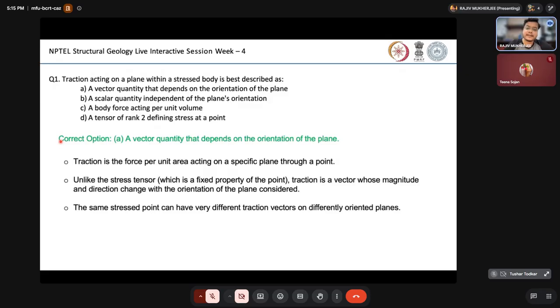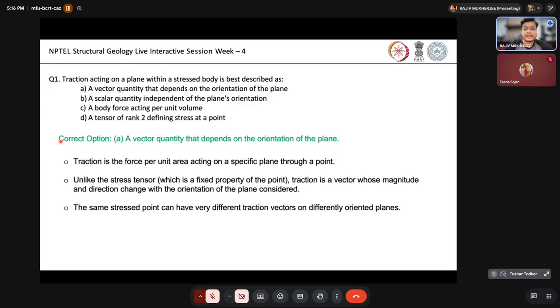Sigma xx is one stress, one traction component, but then there are other components, that is tau xy, tau xz and tau zx, these kinds of components. So there are two perpendicular orientations based on which we can calculate the components of direction for that same magnitude of traction.